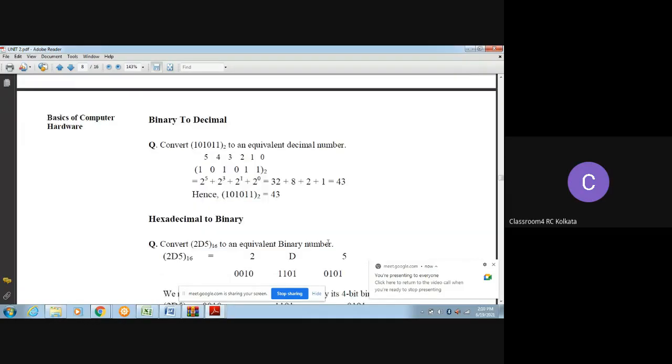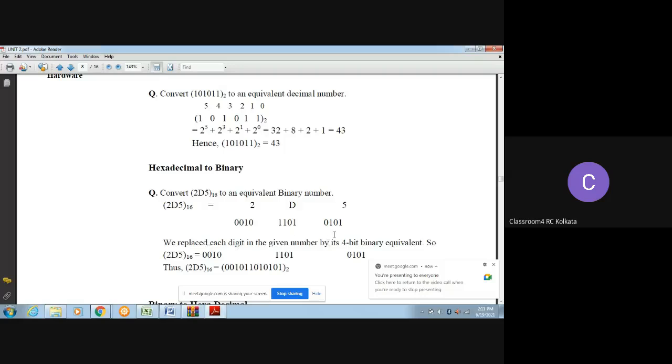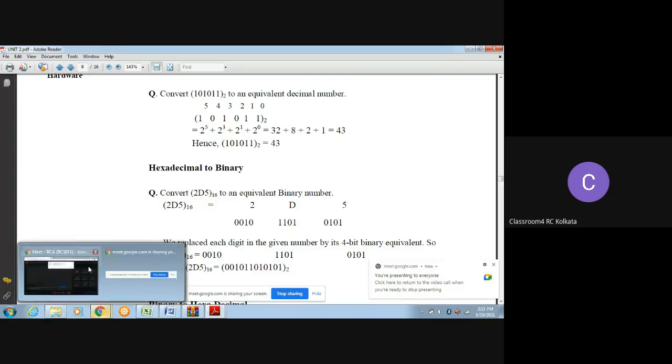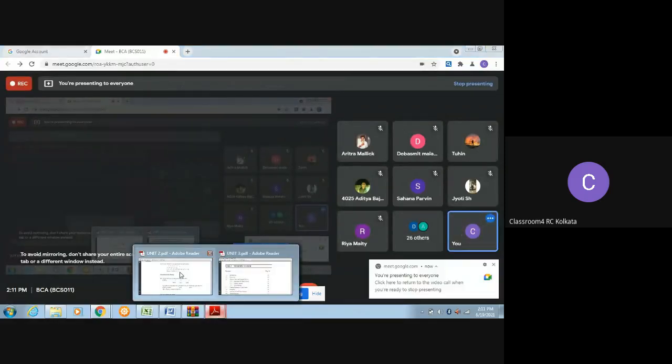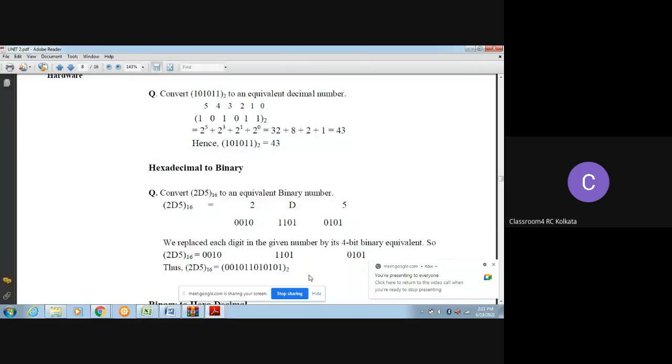Then the total binary number is correct? Yes, ma'am. Right. So in this way, you have to convert the hexadecimal number into binary. If you memorize this chart, then you can easily convert the decimal number to binary.